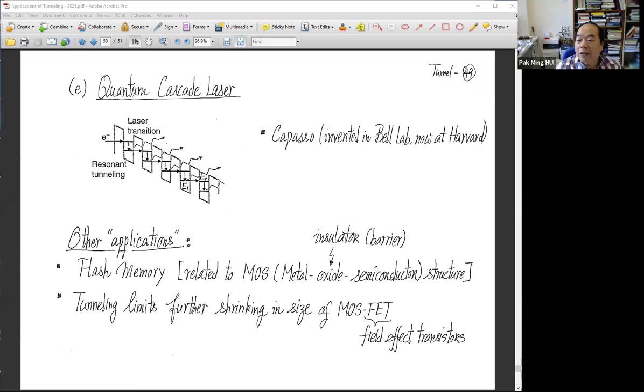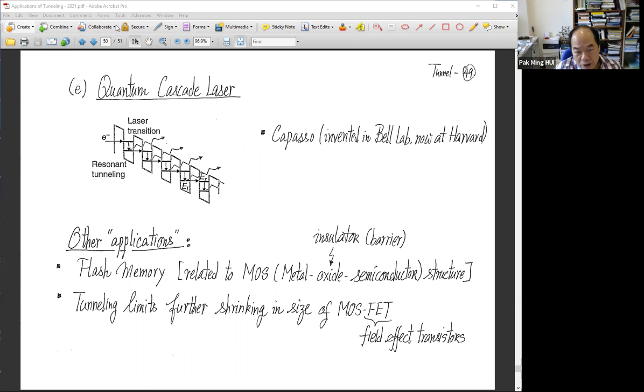And tunneling is also a problem because when people try to make semiconductor devices smaller and smaller, one day they reach the tunneling limit, then everything will change. Even some nice things will be ruined. So tunneling is a limit in the idea of shrinking circuits to smaller and smaller sizes.